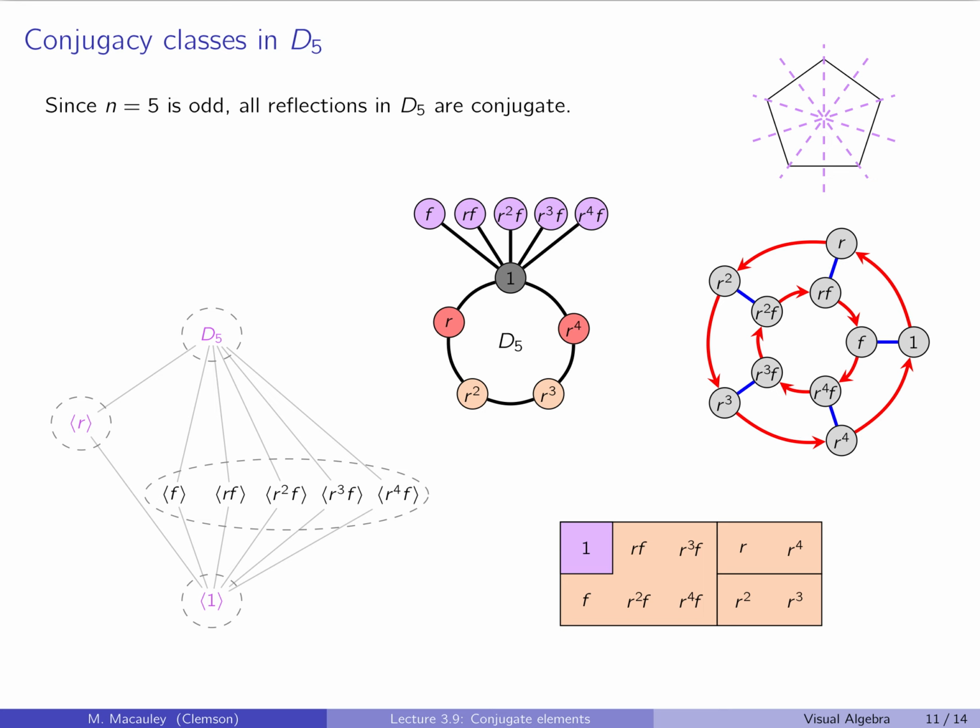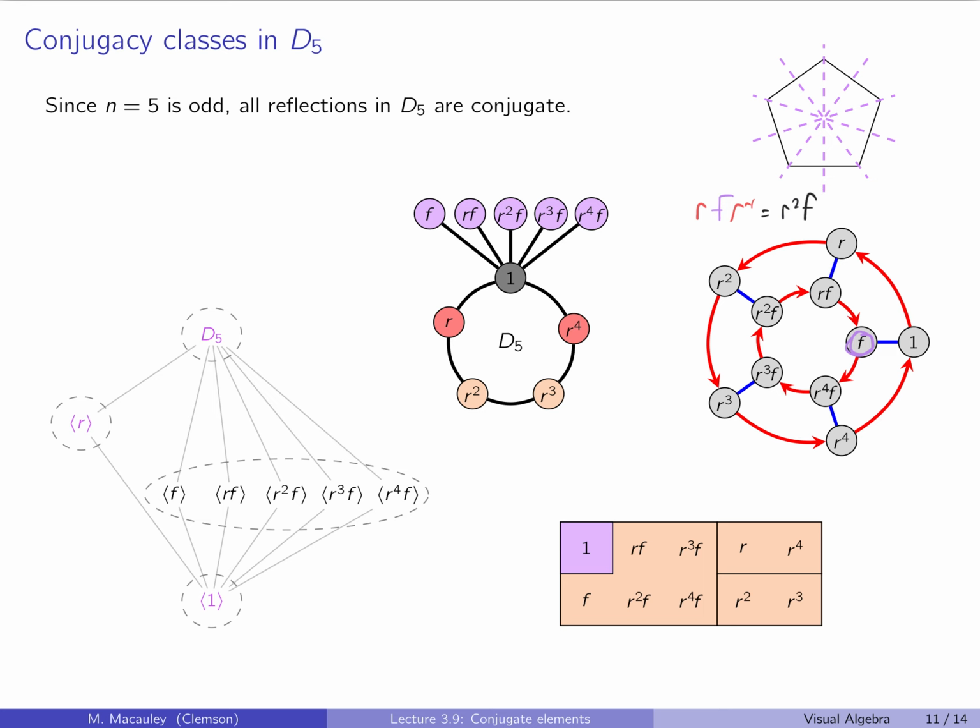We can see this on the Cayley graph by noticing that, well, the same thing we just did is if we start with f and we conjugate it by r, so we do r, f, r inverse, we get r squared f.